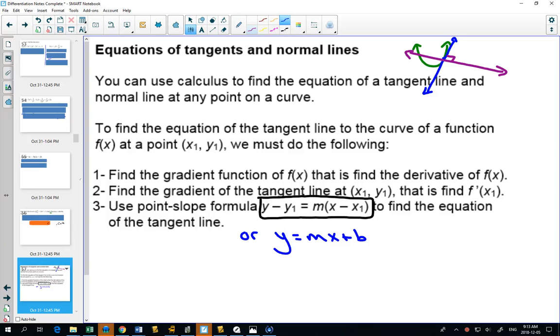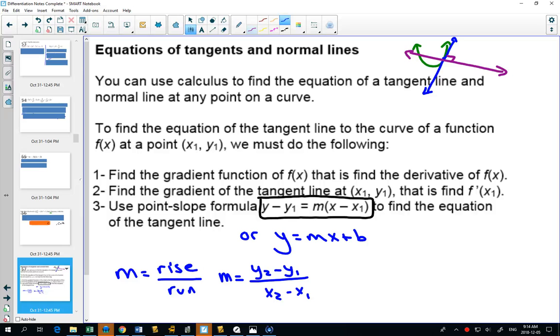In equations of lines, how do you find slope? Rise over run. Okay, just a little bit of review. Do you remember your slope formula from grade 10? y2 minus y1 over x2 minus x1, your rise over your run.